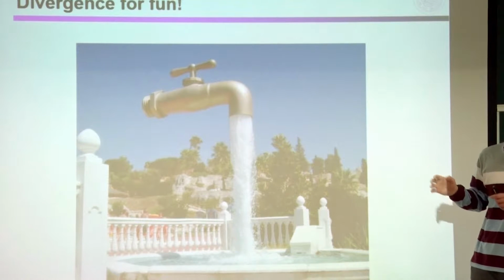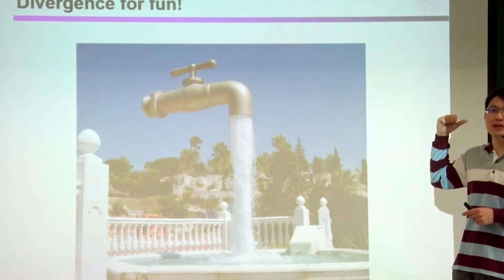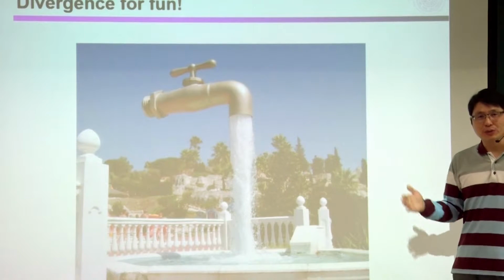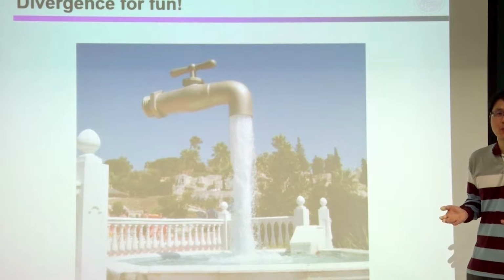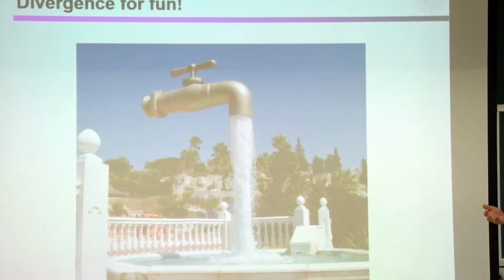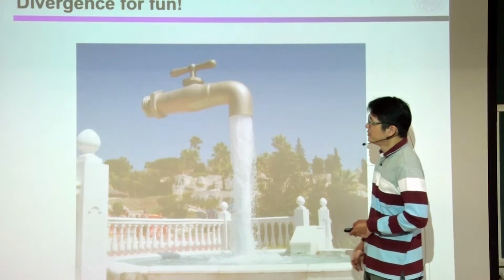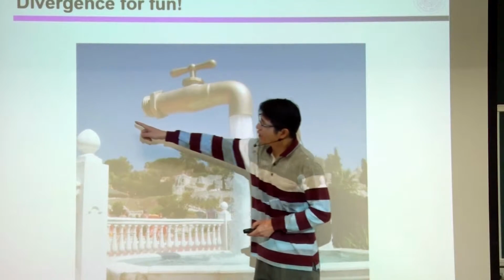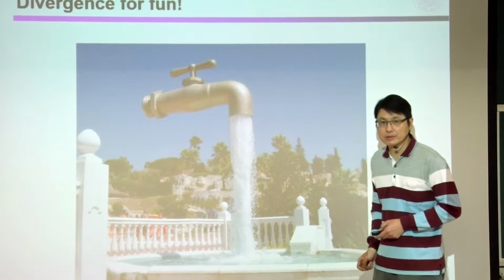Think about it. Try to relate this magical water outlet to divergence, and try to understand what it means when you perform a divergence on a vectorial function. There's no water coming in, but there is indeed water coming out.